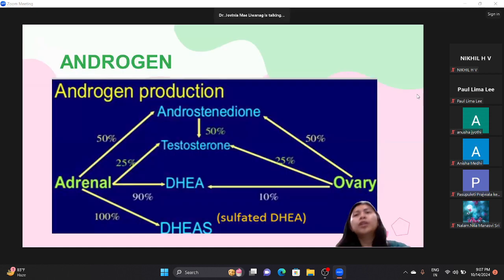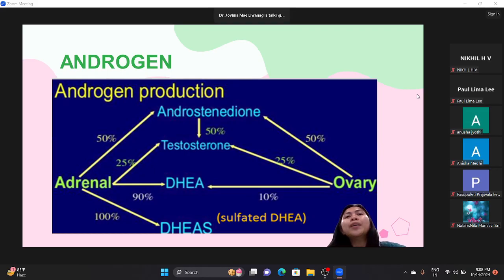So this is the normal route or illustration of androgen production. In androgen production, 25% of testosterone comes from the adrenals and ovary.